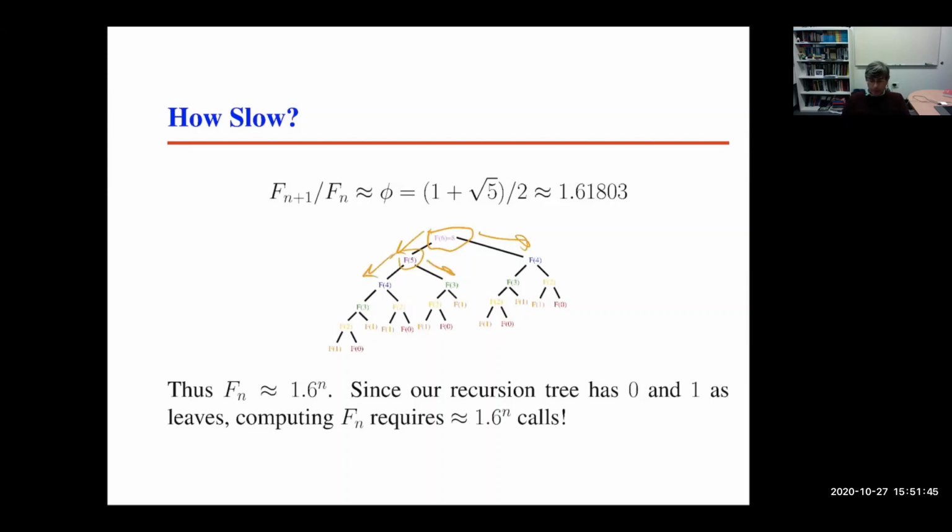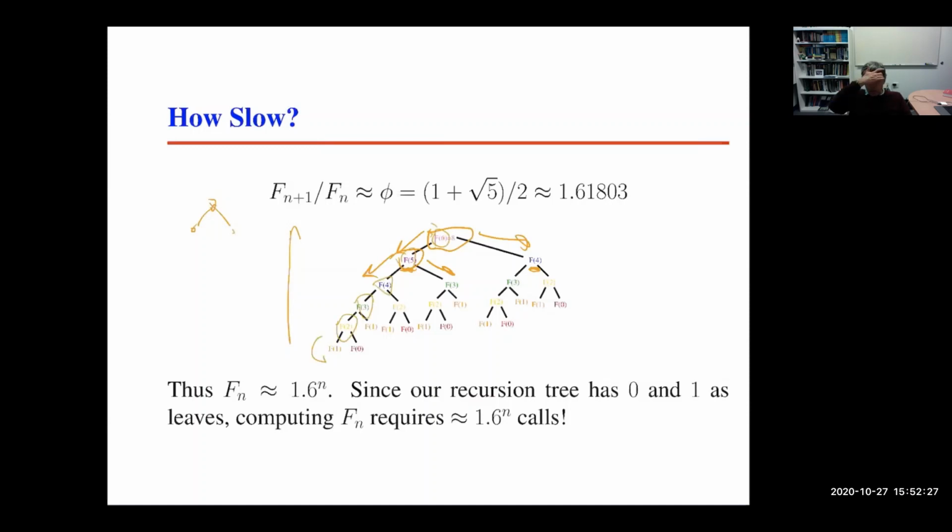And at each point, the argument goes down either by 1 or sometimes more than 1. Sometimes it goes down by 2. On one side, it goes down by 2. On the other side, it goes down by 1. So you could be saying this is going to be a tree where every node branches by a factor of 2, and the height is going to be at most n, because the longest path is the argument going 6, 5, 4, 3, 2, 1.